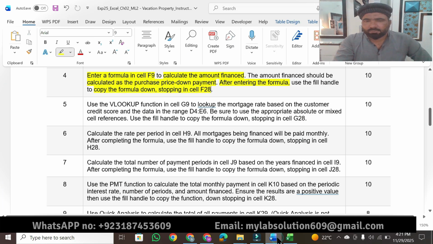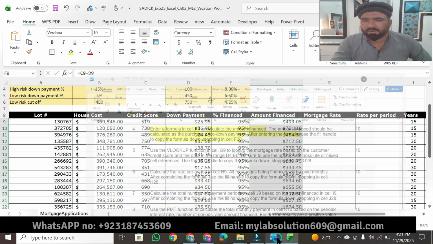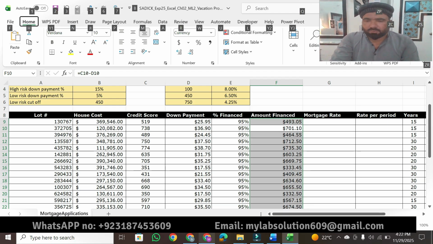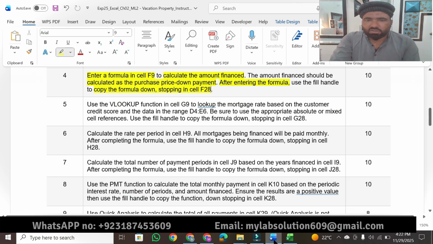So question number four is done, in which we had to enter a formula in cell F9 to calculate amount finance. The amount finance should be calculated as purchase price minus down payment. So we have to subtract this one. Okay. So question number four is done.